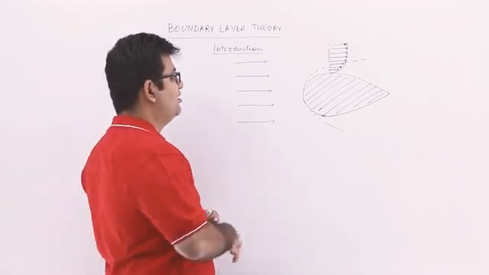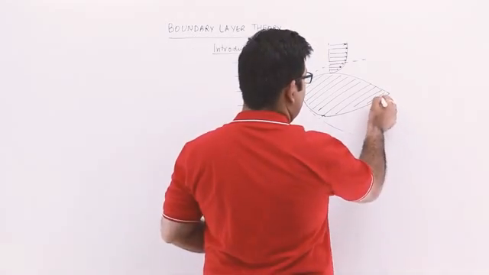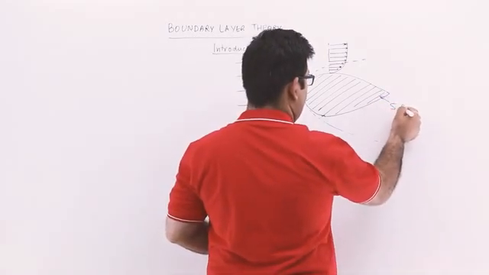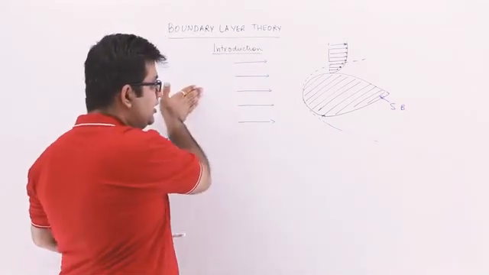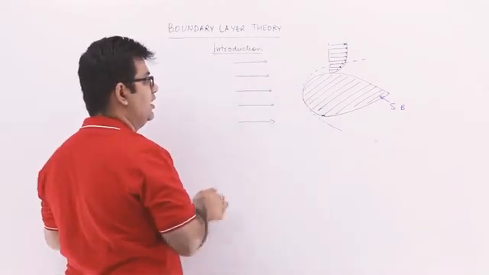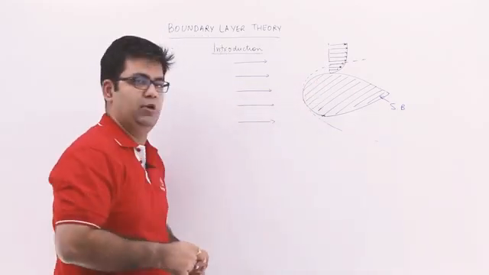So let us say you have a solid body of this shape. So this is the solid body. And a real fluid is flowing across, or you can say a stream of real fluid is flowing over this solid body.